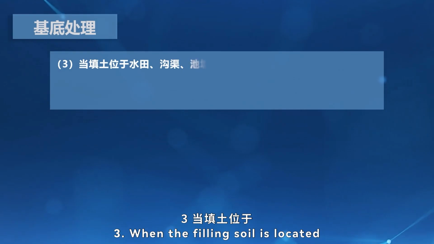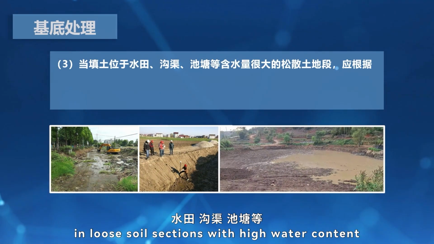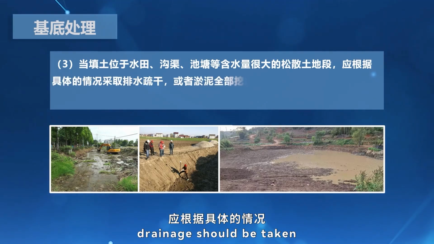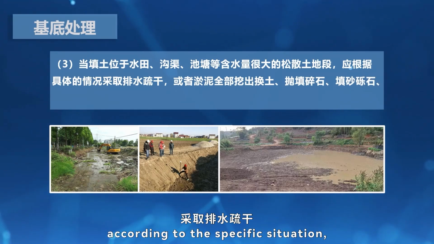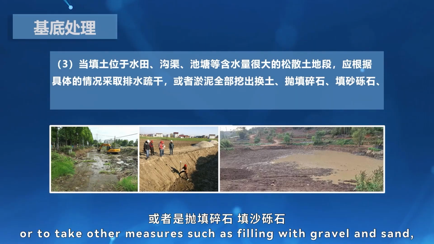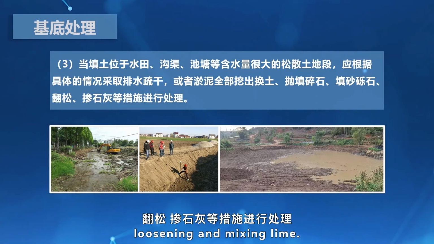When the filling soil is located in loose soil sections with high water content, such as paddy fields, ditches, ponds, etc., drainage should be taken according to the specific situation, or excavate all the silt to replace it with other soil, or take other measures such as filling with gravel and sand, loosening and mixing lime.